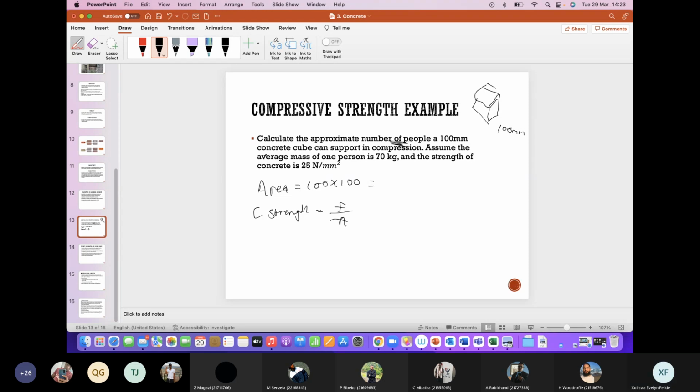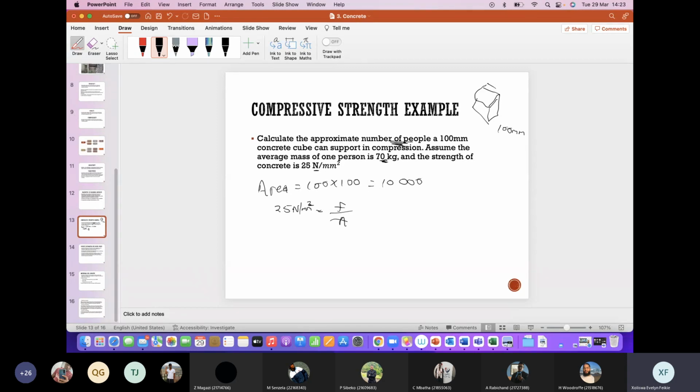If the average mass of one person is 70 kilograms, when you look here at the compressive strength, this value they gave you is 25 newtons per millimeter squared, right? Meaning force over area, newtons over millimeter squared. That's it. If you have here 10, 1, 2, 3, yeah, it's going to be 10,000.